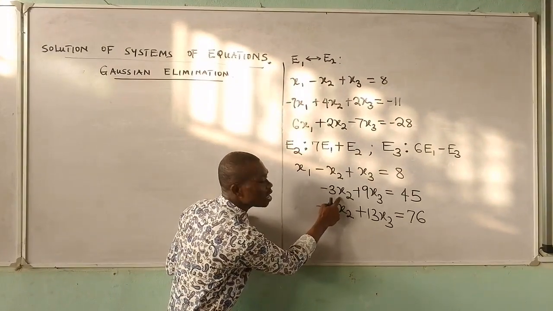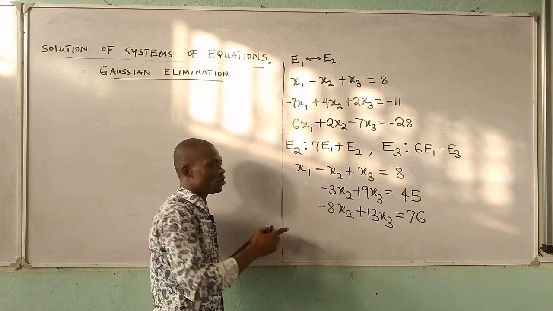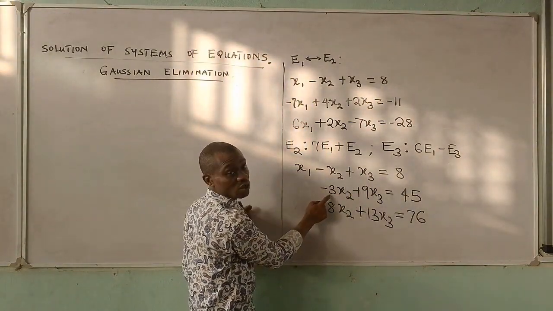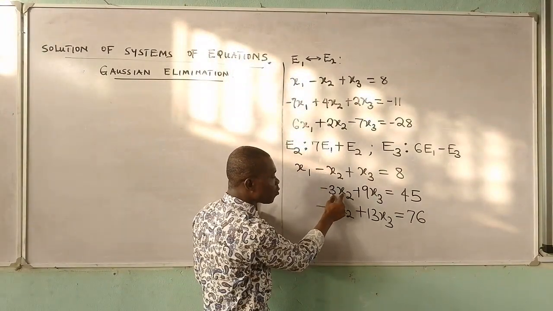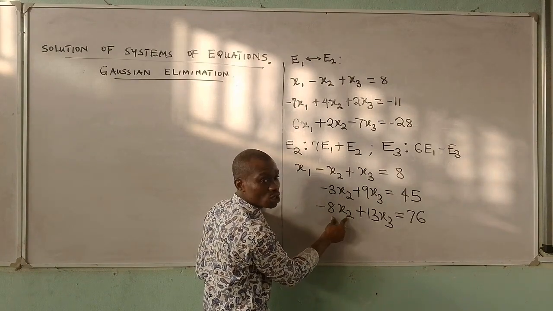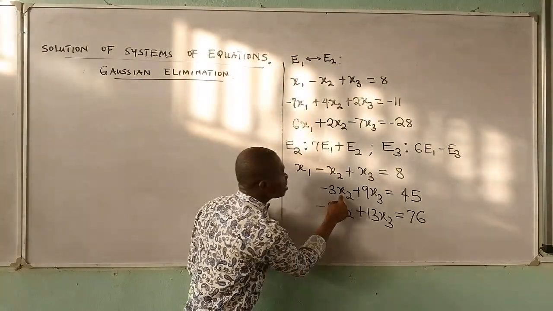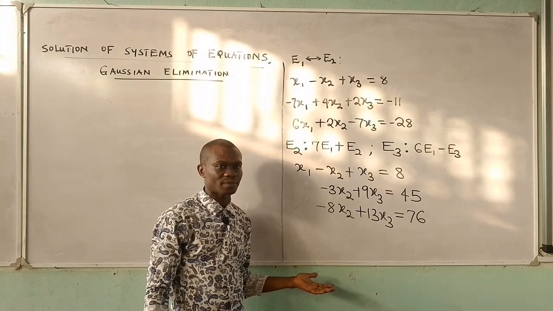Because I want the coefficient of, remember I talked about free variables and leading variable. This was the leading variable in equation 1, and in equation 2 now, this is our leading variable. The leading variable is the one you will use to eliminate others. So if I want to eliminate x2 in equation 3, this becomes my leading variable. So I want this leading variable, that's x2, to have a coefficient of 1.